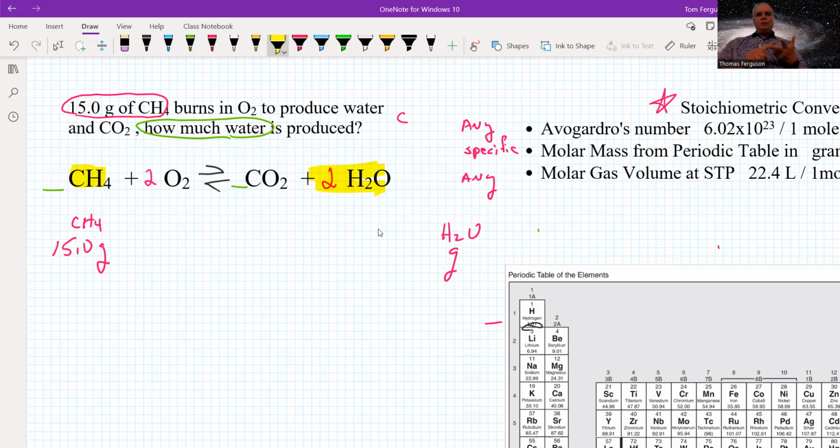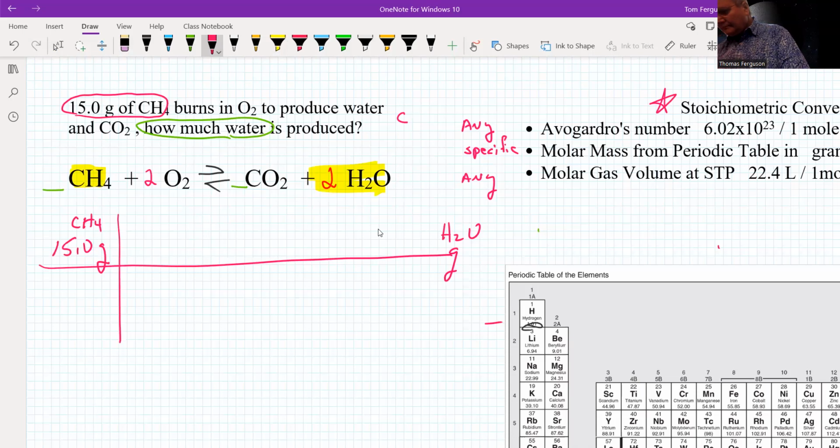Okay, so we're going to start with moles of methane. We need to find the molar mass for CH4. That's going to be one carbon, which is 12.01, and four hydrogens at 1.01 apiece.